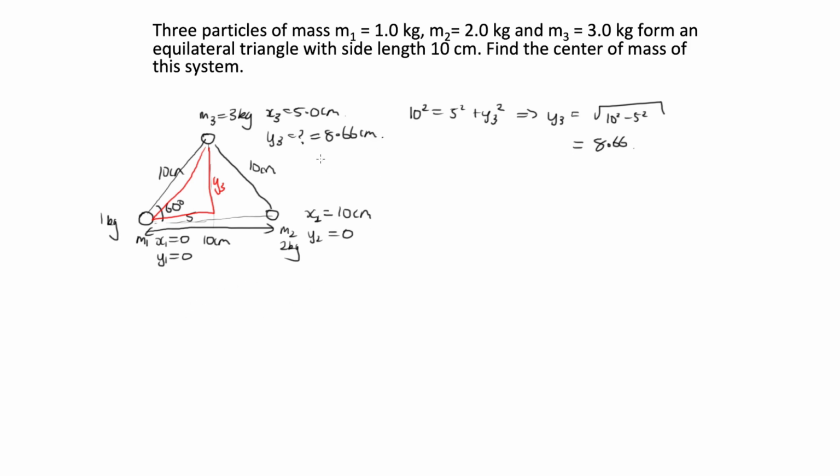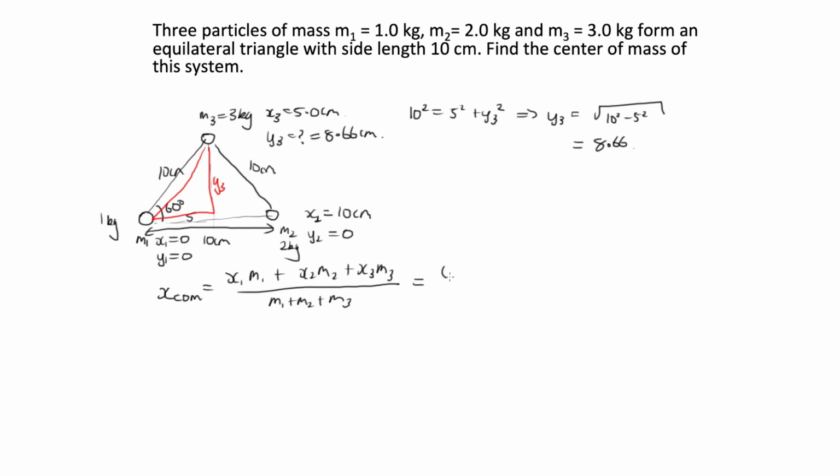Okay, so now we need to find the center of mass. The x center of mass is equal to x1 m1 plus x2 m2 plus x3 m3, all over m1 plus m2 plus m3. So this is the total mass here.